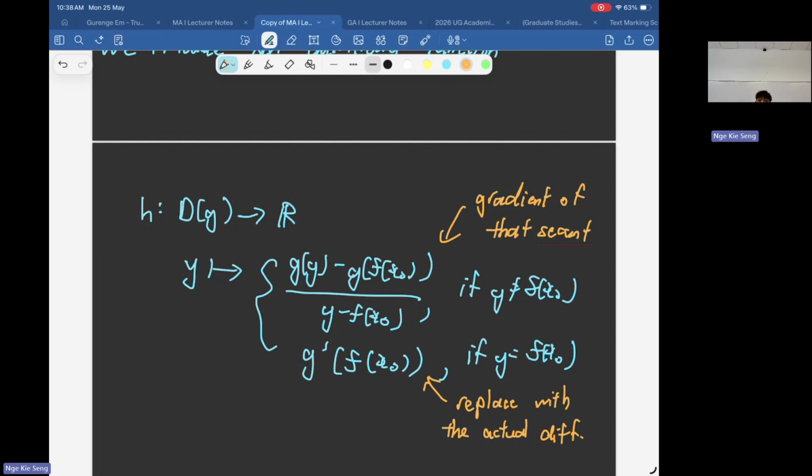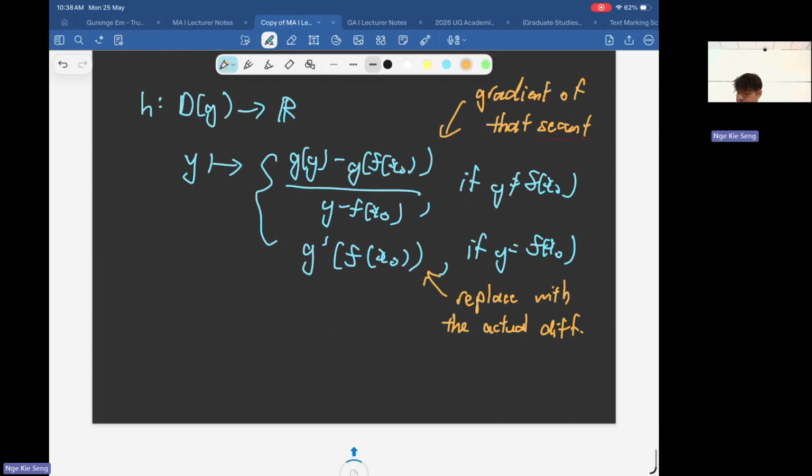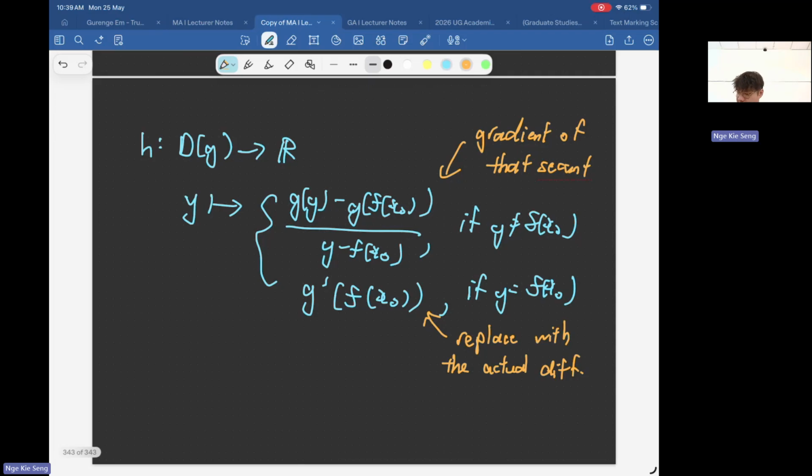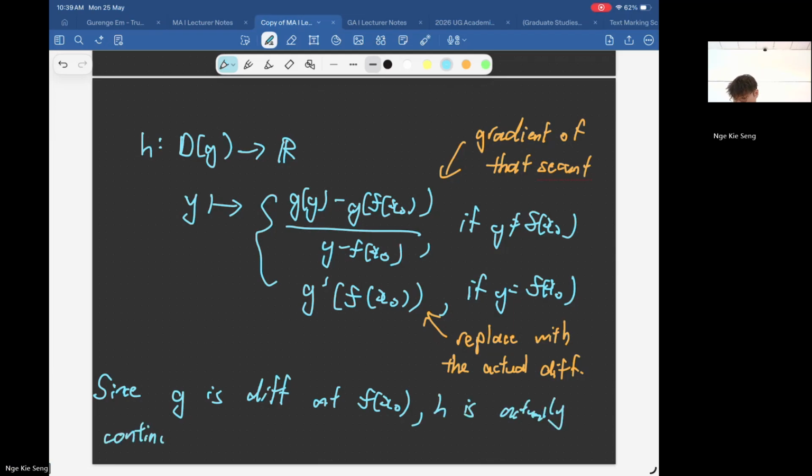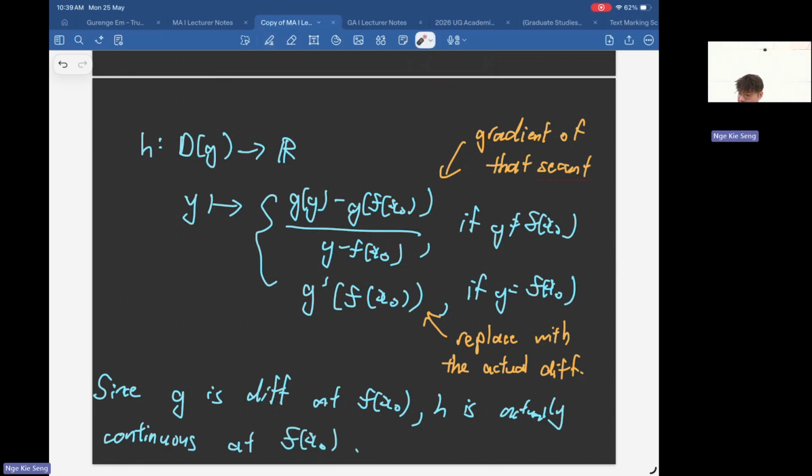Let's see how this h will help us find the derivative of g∘f, the limit of the gradient of g∘f. Since g is differentiable at f(x_0), h is actually continuous at f(x_0).